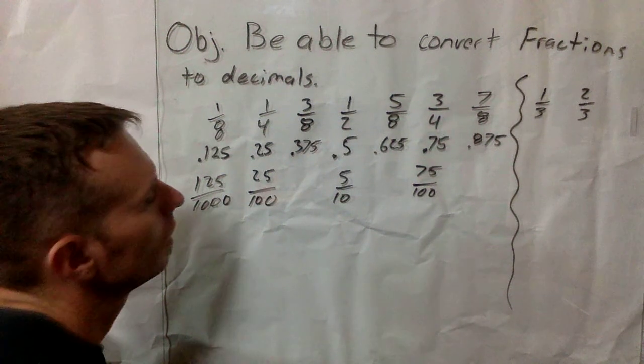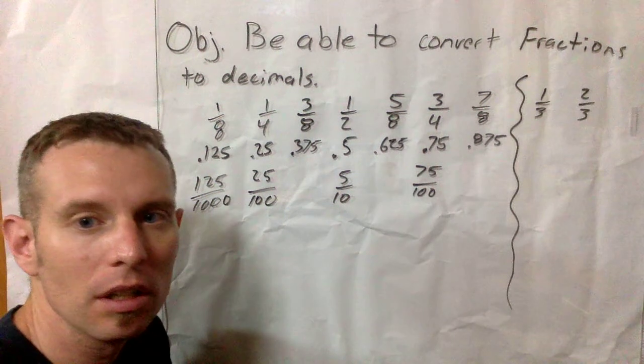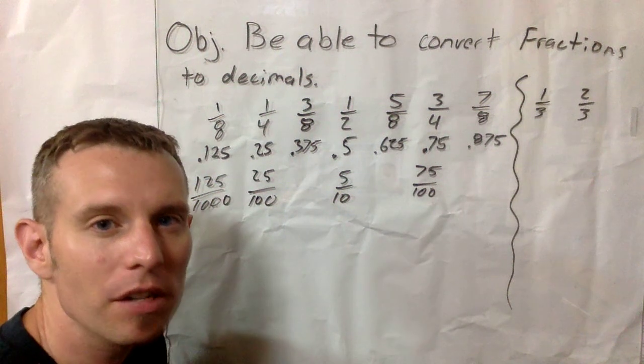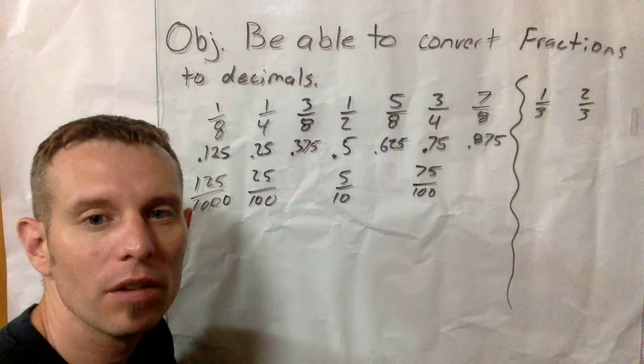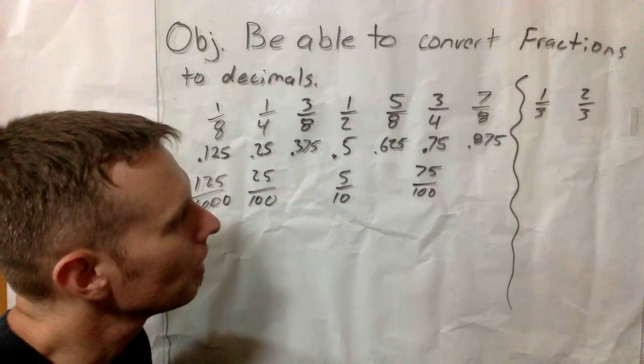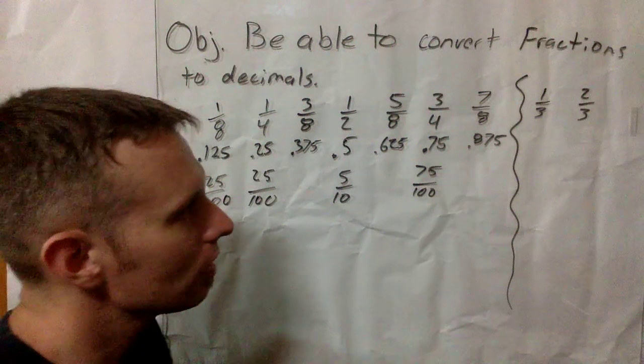Okay, so there you have the very common, maybe the most common, fractions that you'll come across. These I would like for you to memorize if you cannot derive them very quickly on your own. And then the last two: 1/3.